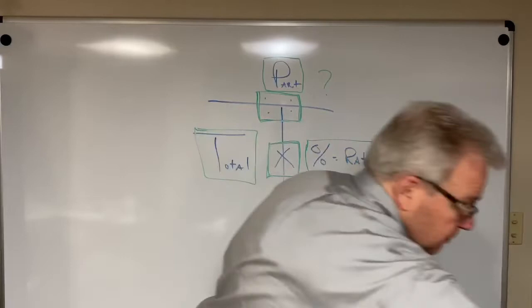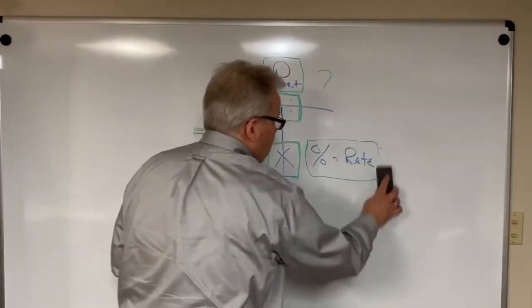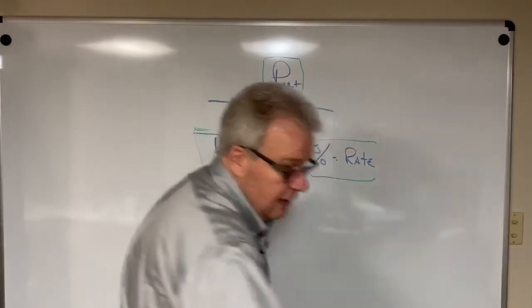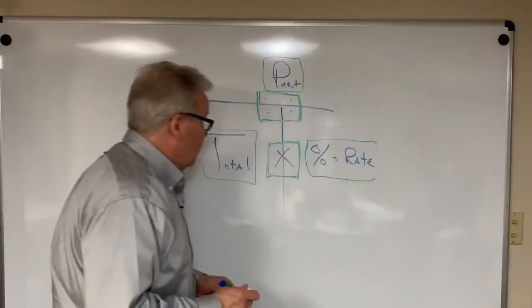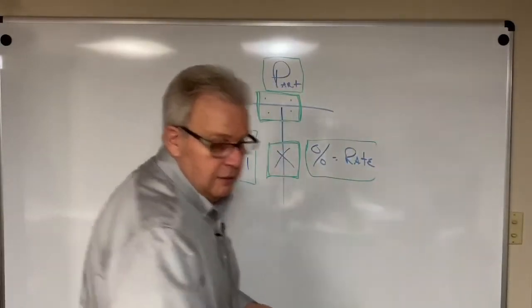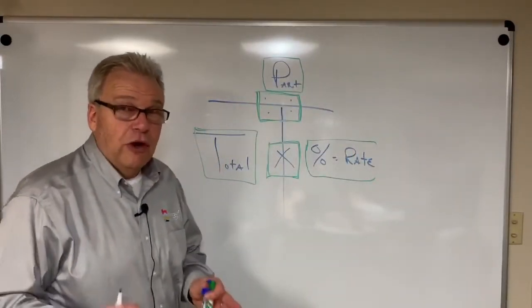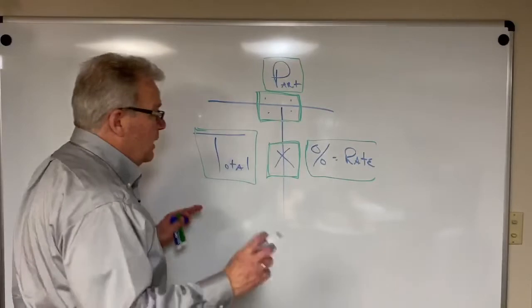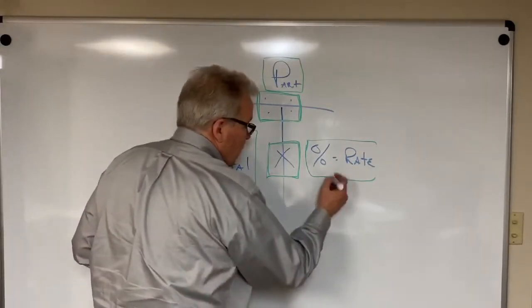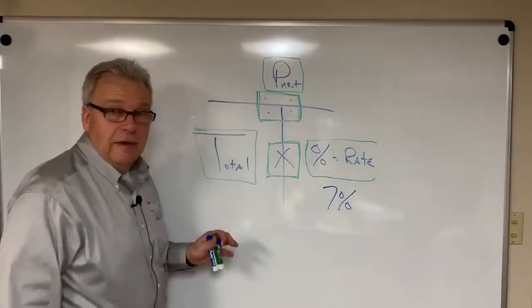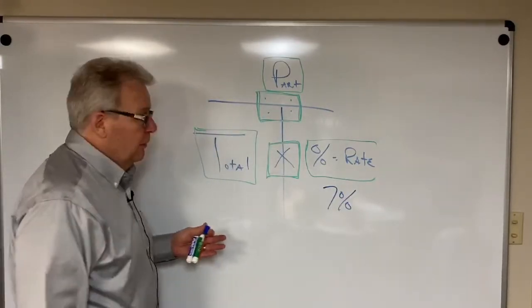So we're going to take a look at this problem we have here. It says that broker Bob sold a home for $350,000, charged 7%. Now, here's a percentage, so we know our 7% is going to go over here. That's a given, isn't it? Pretty easy.